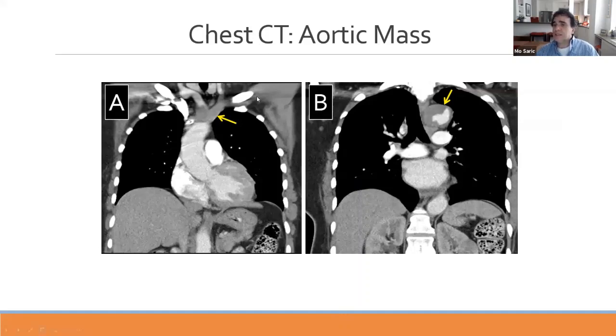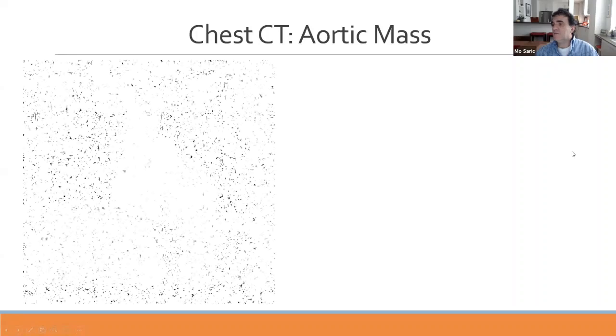This is the chest CT on the left-hand side in the coronal cut at the level of the aortic arch, so that we see the origin of the large vessels, and you see the tumor filling the proximal origins of the cranial vessels, as well as the mass in the aorta itself.